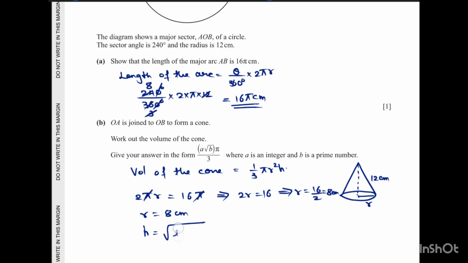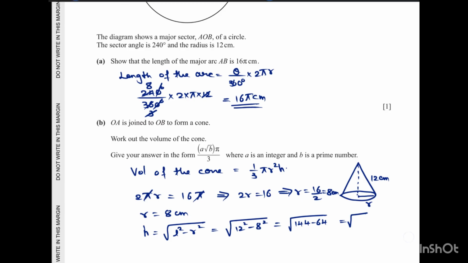H is equal to square root of L square minus R square. So square root of L square is 12 square, R square is 8 square. So square root of 144 minus 64 is root 80. 144 minus 64 will be how much?